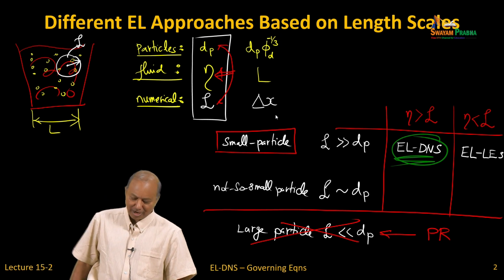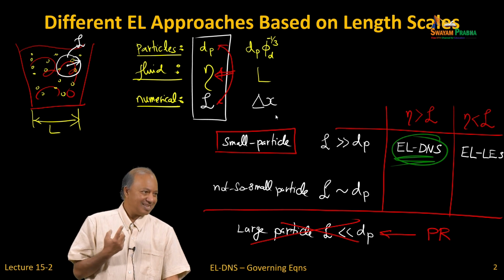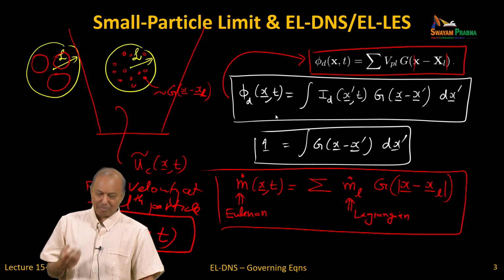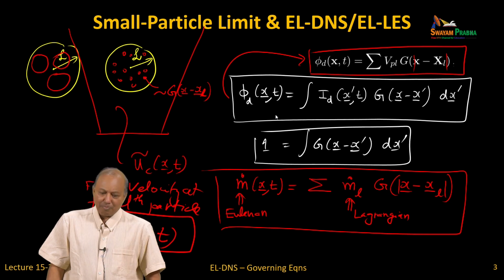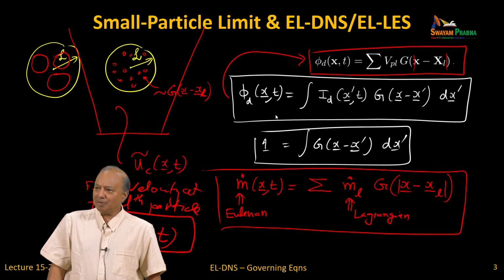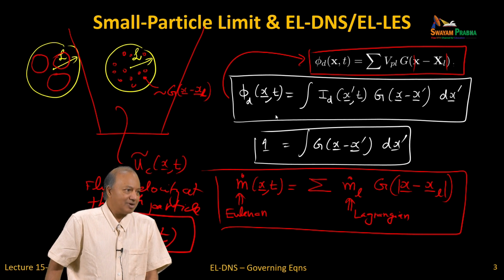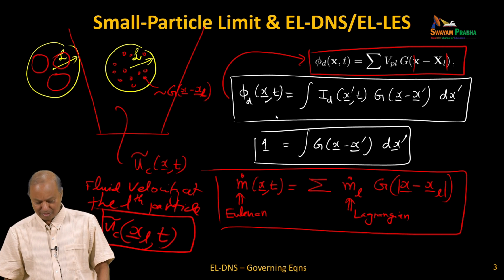So the point I wanted to make is that there is no one governing equation. You really have to think a little bit about where you are, because I said in my previous slides that there is PR (particle resolved) or particle unresolved, LES, DNS, etc. So you have to figure out which regime you are in.